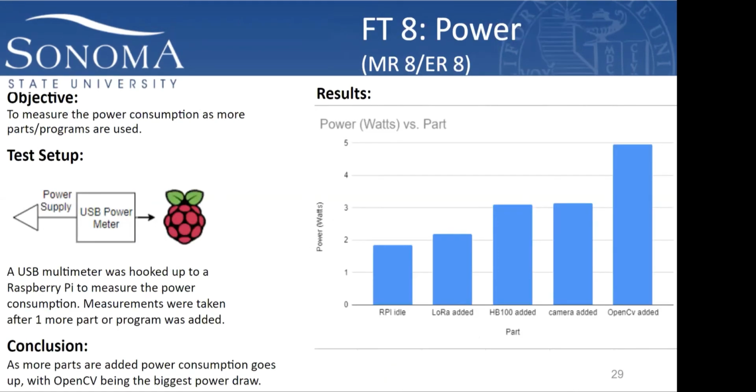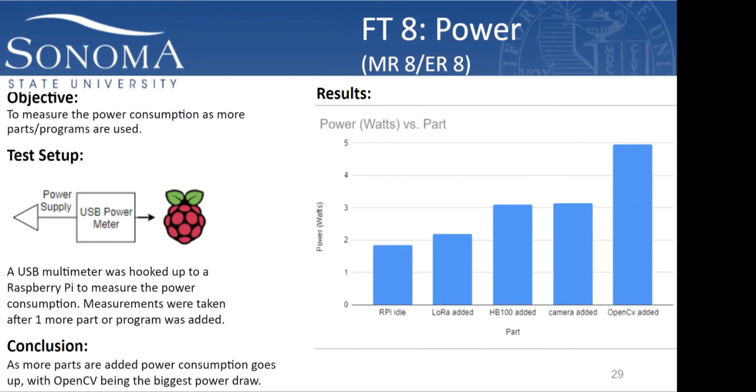Next slide, please. For this project, we measured the power consumption for the programs and parts that are used. We used a USB multimeter, which hooked up to the Raspberry Pi, and the USB multimeter was connected to a power source.